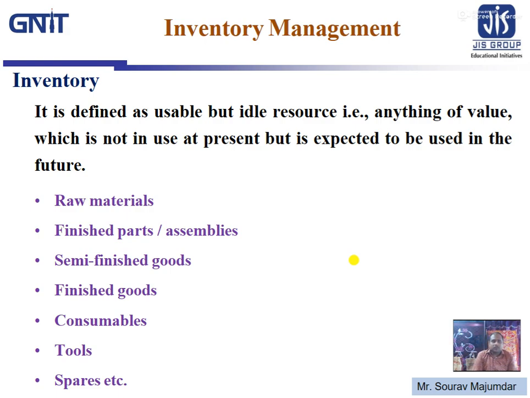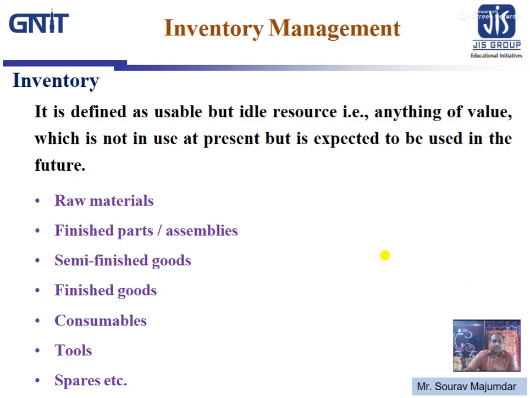Examples are raw material, finished parts or assemblies, semi-finished goods, finished goods, consumables which are used for other products, tools and spare parts.